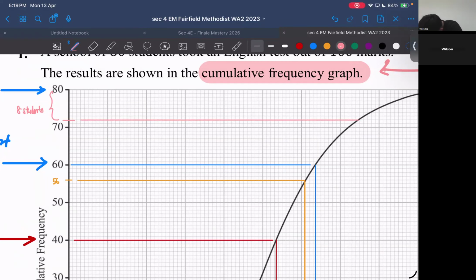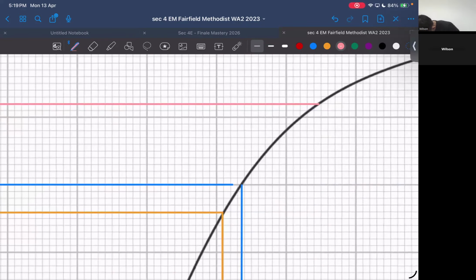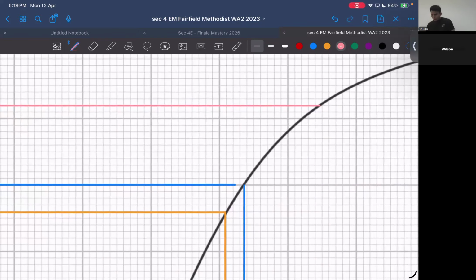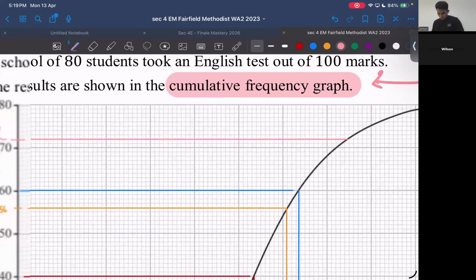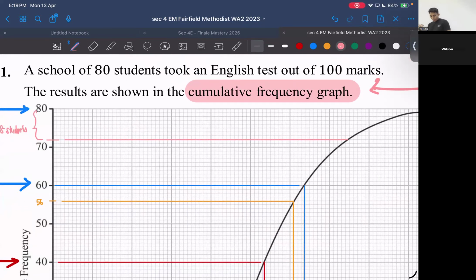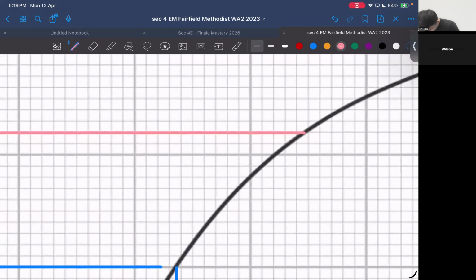Okay, now I want the class to give me your answer. I think we should have the same one. It is in between a box, right? So can somebody shout out what's the answer? What's the minimum marks to score to get into the top 10%? What do you have? 66. 76, huh? 76.